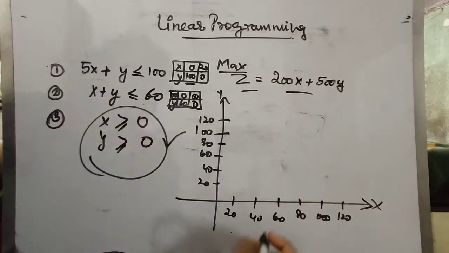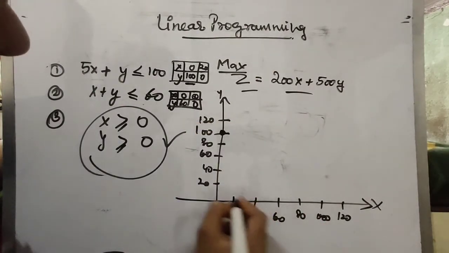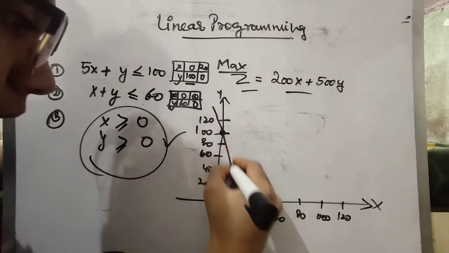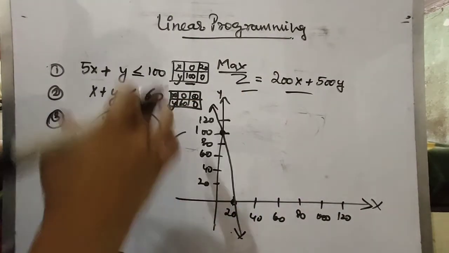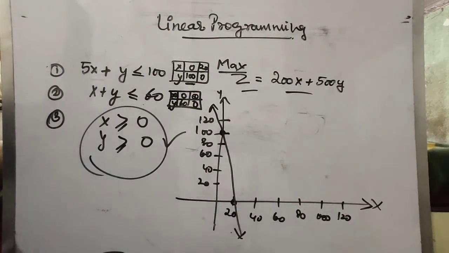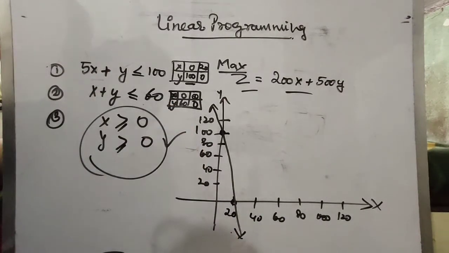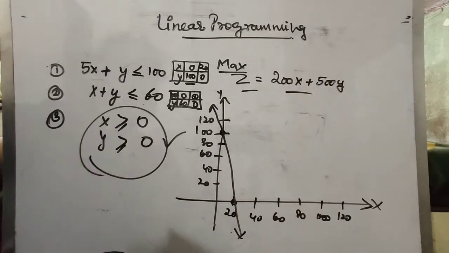Now I'll plot the first equation, where I have x as 0 and y as 100, and then the point 20 on the x-axis, and this will be my equation number 1. Whenever you plot the equation and join the points, remember to write the equation simultaneously, otherwise you will get confused about which line was which equation.